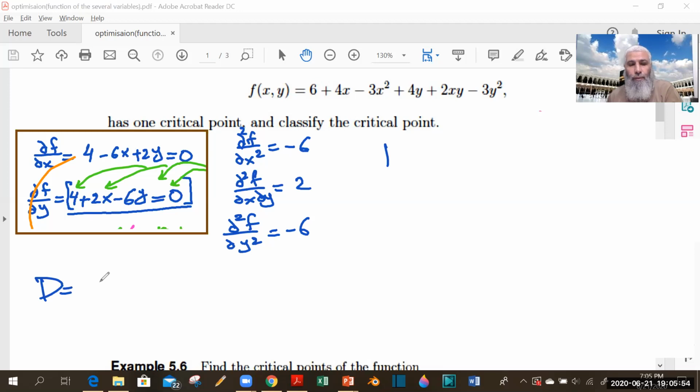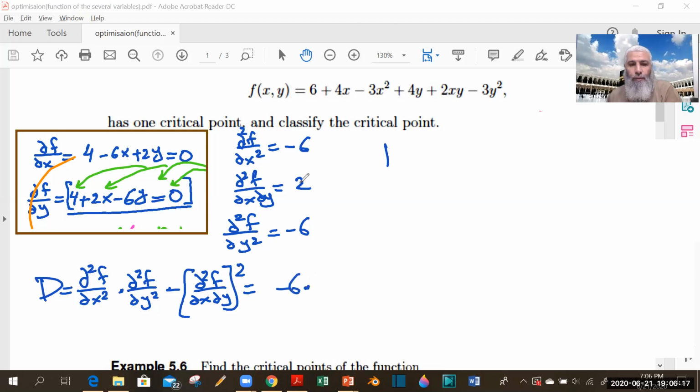Now, what is D? D equals d2f/dx squared multiplied by d2f/dy squared minus d2f/dx dy squared. So this is minus 6 multiplied by minus 6, minus 2 squared.